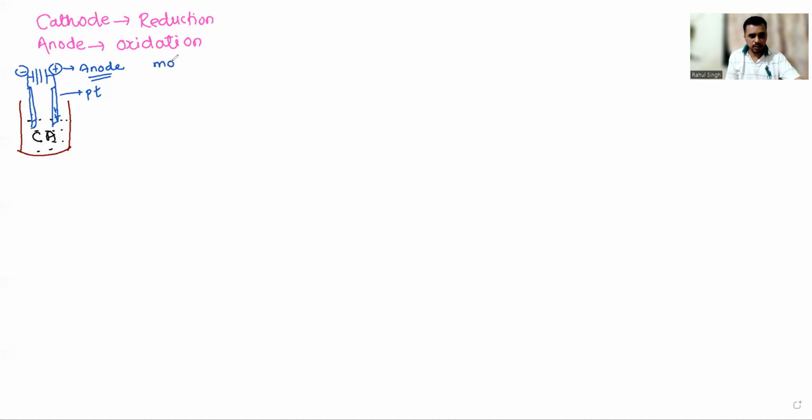Let's say we are using molten NaCl. Why molten? Molten means the NaCl which we have melted at high temperature, so ultimately there will be no water in that particular thing.